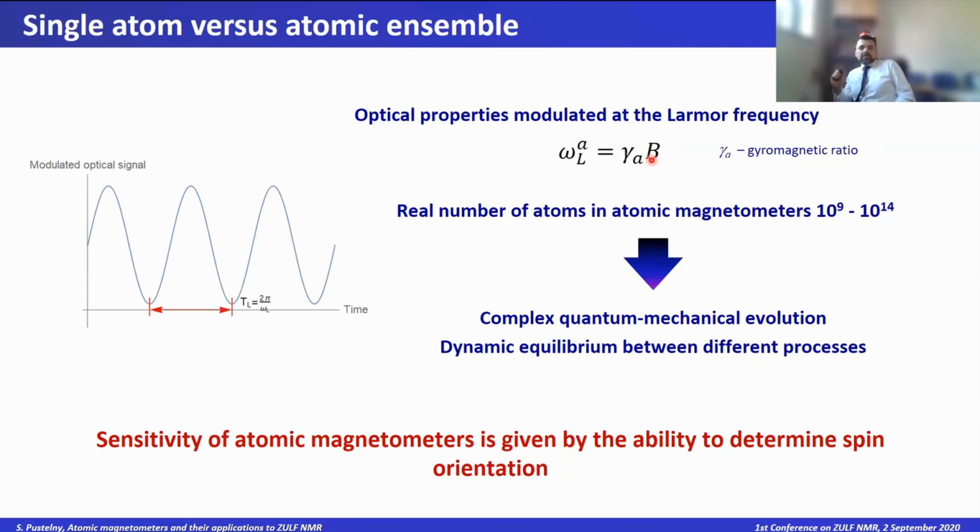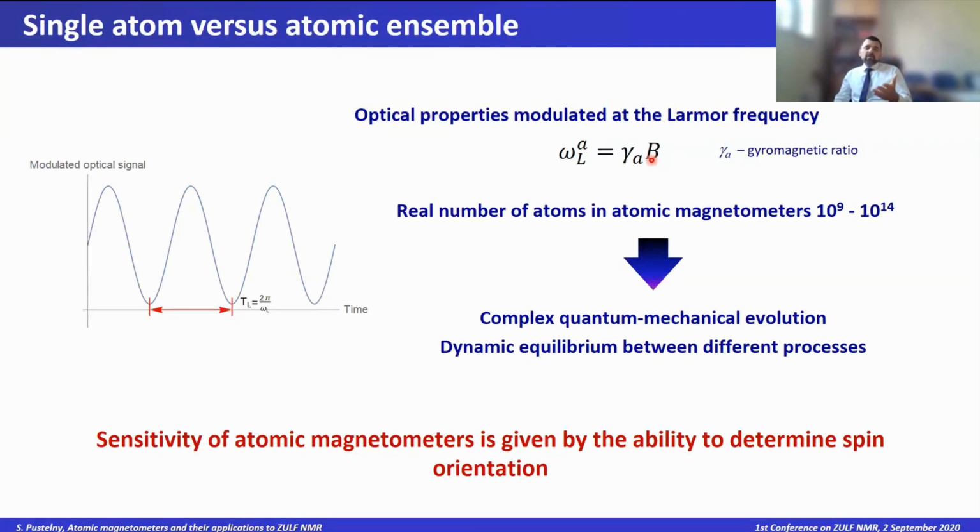Okay, so let me go one more slide, and maybe we can stop to have some more questions. What I want to say right now is that the sensitivity of magnetic field detection in this scheme really depends on your ability to determine, or the precision of determining, the spin orientation.